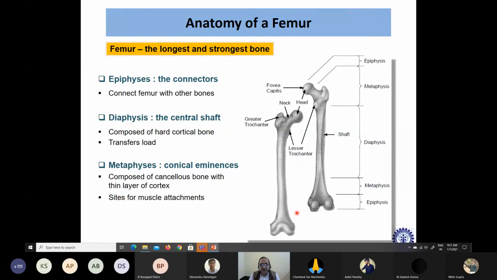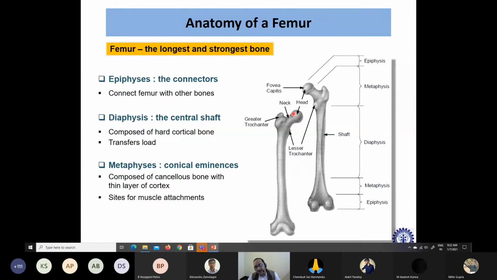There are certain anatomic bony landmarks within the femur. We have the head of the femur, which forms the hip joint, a spherical joint that offers a large range of movements, mostly rotations. The head is spherical and forms the hip joint with the pelvic bone.